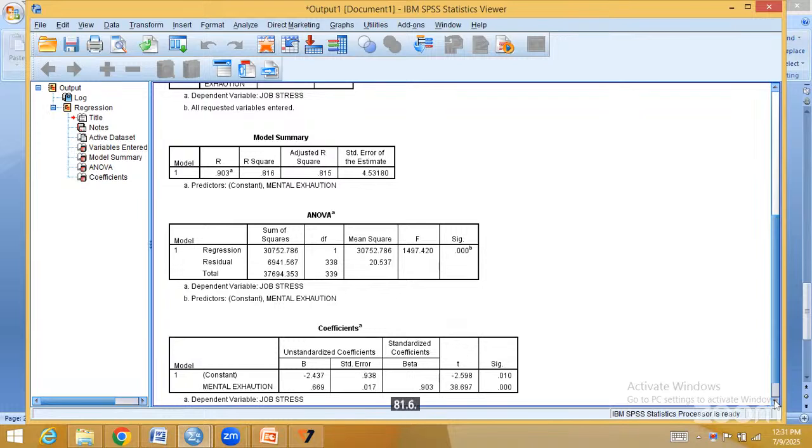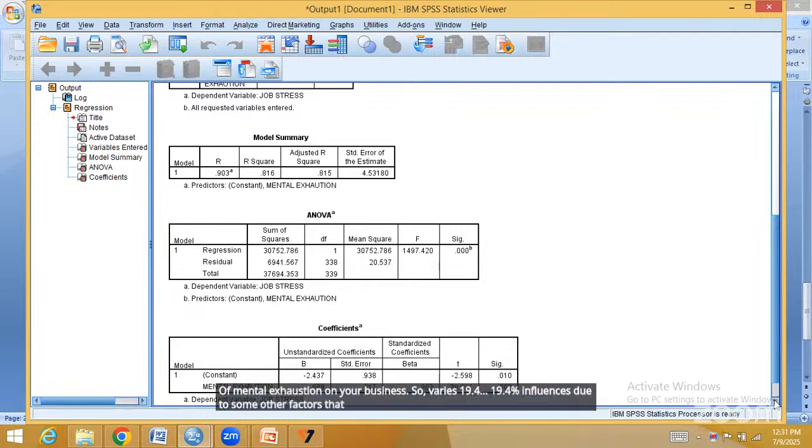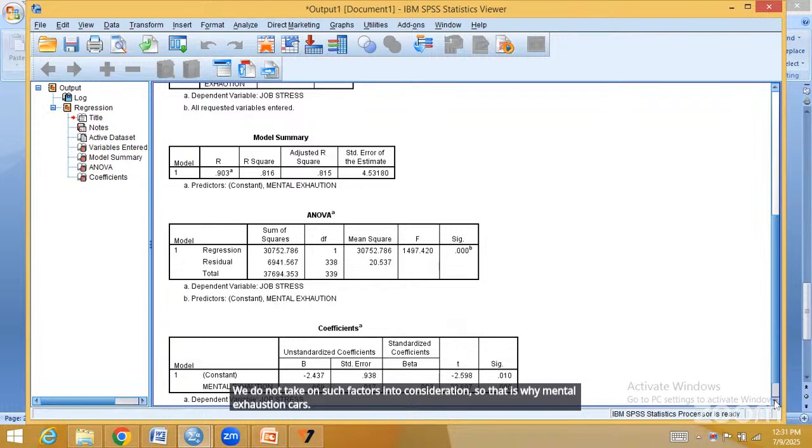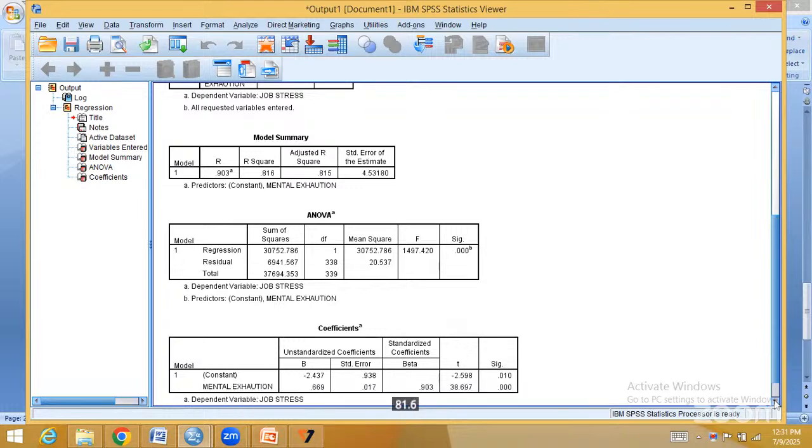So where is the remaining 18.4%? Here only 81.6% is the influence of mental exhaustion on job stress. The remaining influence is due to some other factors that we have not taken into consideration. So that is why mental exhaustion has 81.6% influence on job stress.